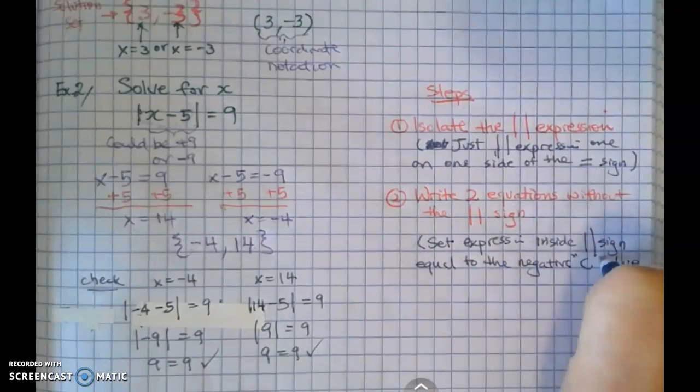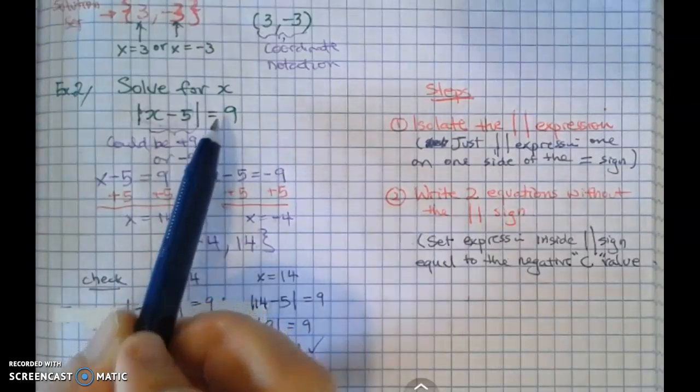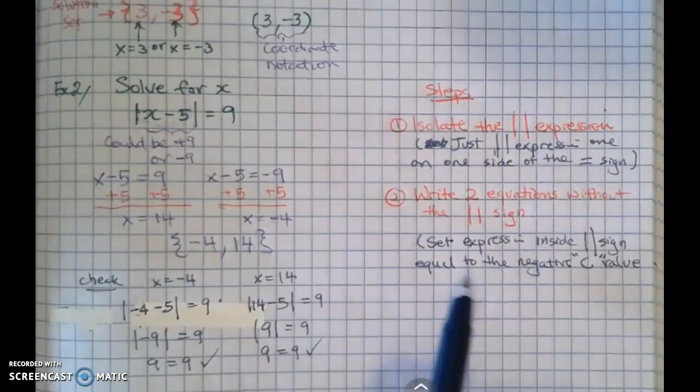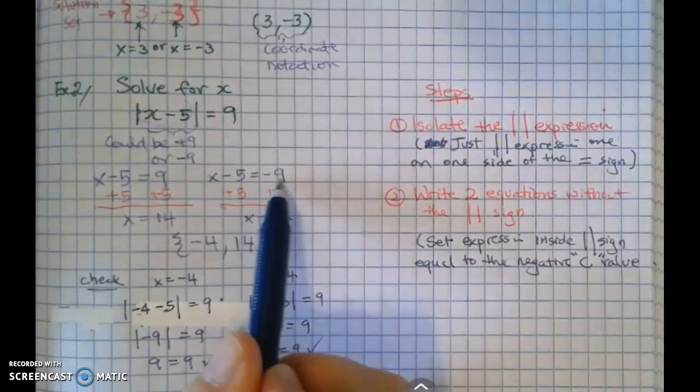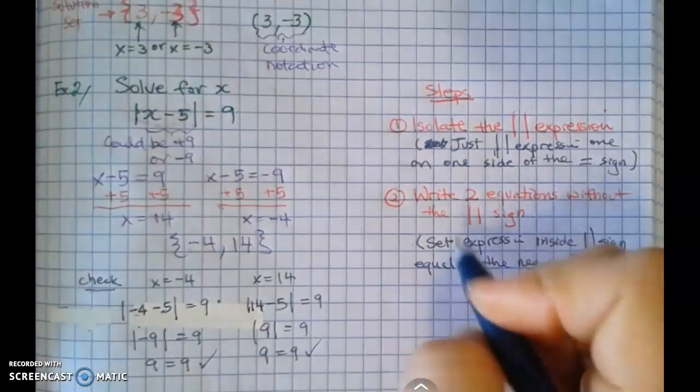For example, the 9 was a c value. So we set one equation to be negative, which is what we did with this equation.